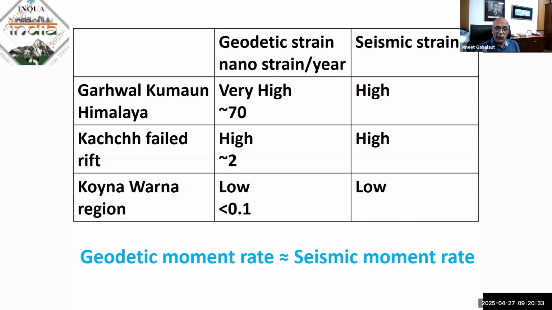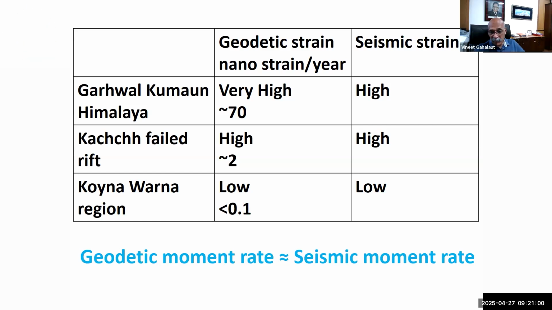It's as if there is no lower limit on strain accumulation which can be responsible for earthquake occurrence. To all of us, that's a big surprise, that even such a low strain, a fraction of a nanostrain, can also produce earthquakes.